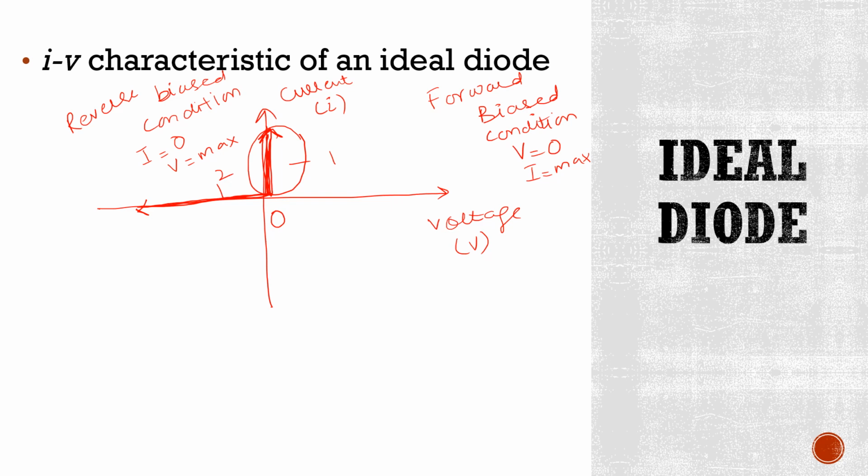Similarly, since the current is neglected in reverse biased region, its value is assumed to be zero, as indicated by this portion of the curve on the negative horizontal axis. So this is the current voltage characteristic of an ideal diode.